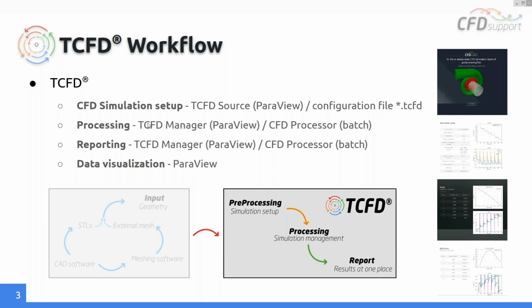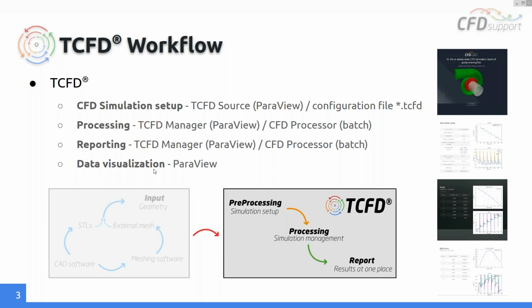Then the processing part. Basically, the filter for managing the processing and all other tools is called TCFD Manager. Here you prepare the case, prepare the mesh, run the simulation, generate results, generate an HTML report, and you can directly, using TCFD Manager, show the results. So load the data into ParaView and then post-process or visualize the data in the standard ParaView.